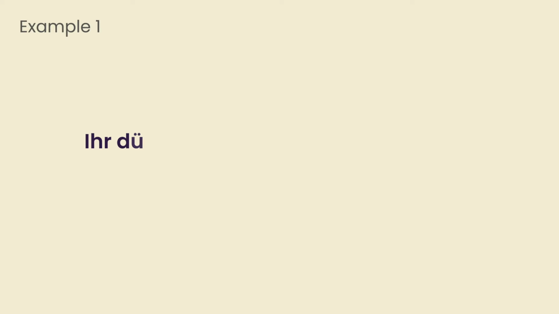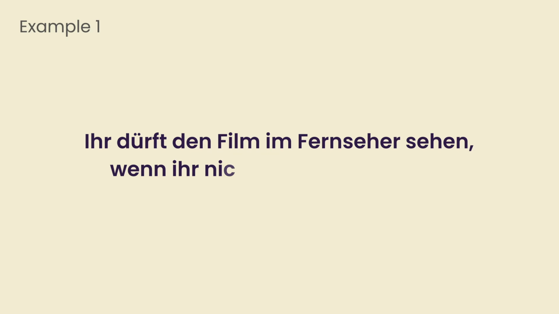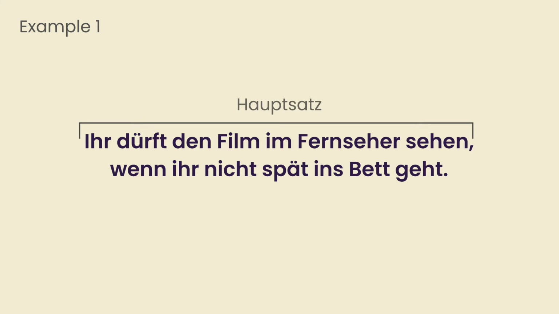Ihr dürft den Film im Fernseher sehen, wenn ihr nicht spät ins Bett gehen. Let us understand this sentence. The first sentence is your Hauptsatz, which is your main clause, in which you can see the main verb dürft is in the second position, your second verb sehen is at the end of the sentence, followed by a comma.